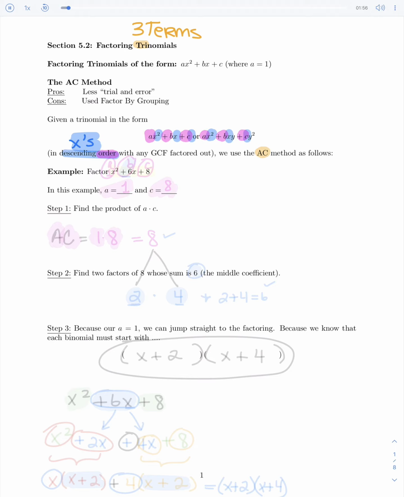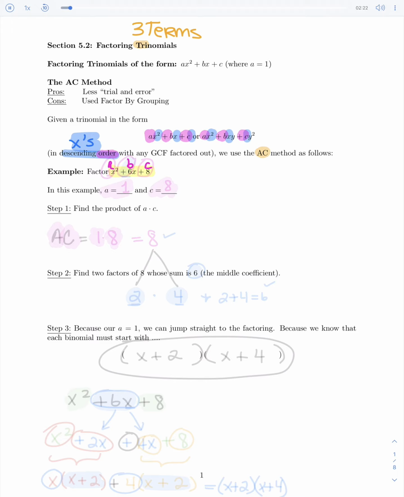So let's start out just by kind of forcing our way through an example. Let's start out with this first one here, so we've got x squared plus 6x plus 8. Now notice we're supposed to have an A, a B, and a C. I don't see any numbers in front of the x squared, so I don't know what my A is.